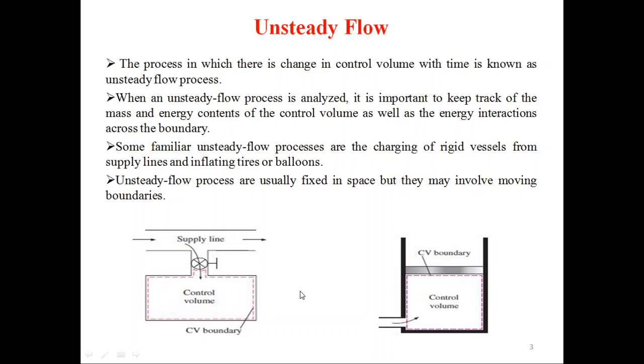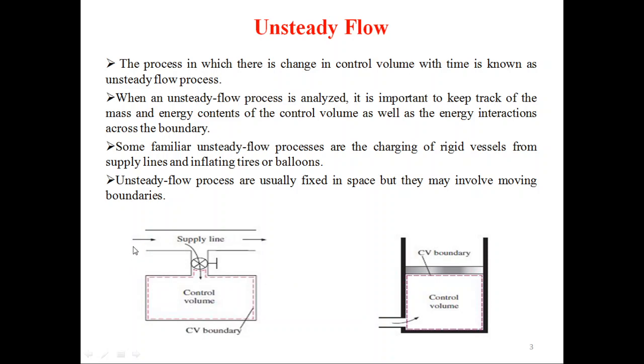So in an unsteady flow process, there is change in control volume also, whereas in a steady flow process we have studied that there will be no change in control volume.